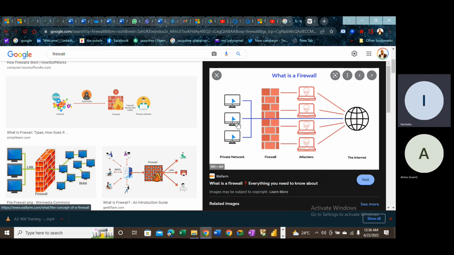Within your private network, you have connected it together. Then at the edge of your network, you put what you call a firewall. Within that firewall, there's what we call a firewall rule. If any of these want to connect to the internet, they'll go through the firewall.